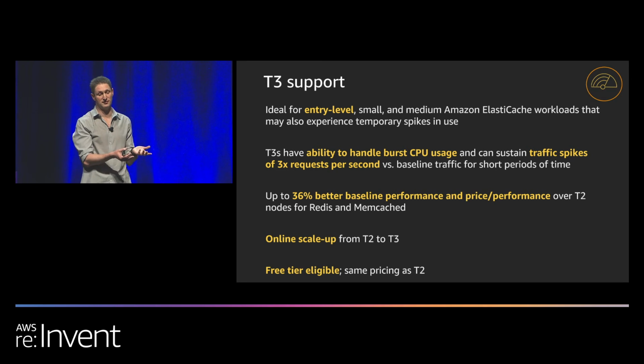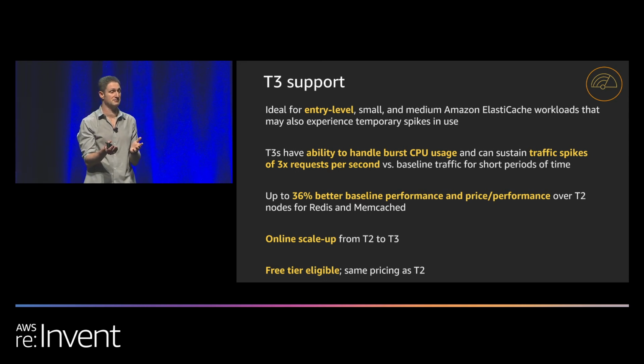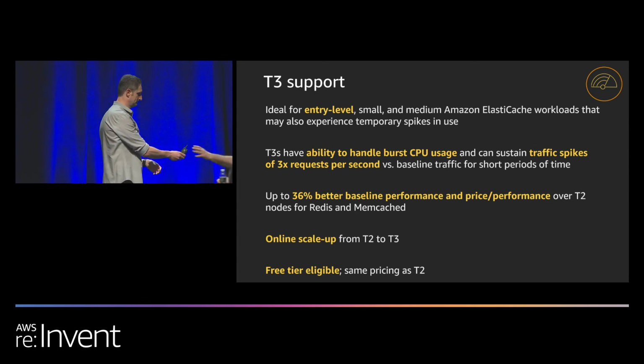And also it's free tier eligible, which is good for trying out and experimenting with this. And the last thing is that you have online scale up from T2 to T3. So it doesn't require any downtime in case you're using T2s today. And with this, I'm going to hand this back to Nir, who will talk more about our improvements in this area. Thank you, Itai.